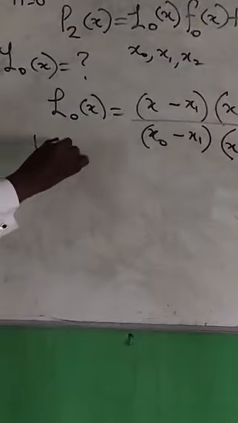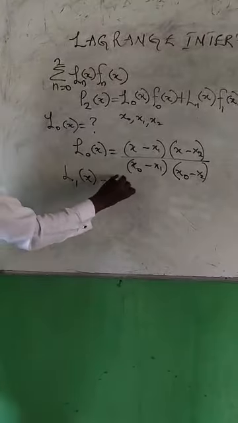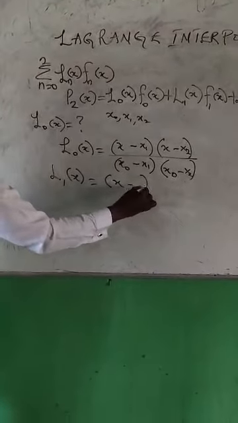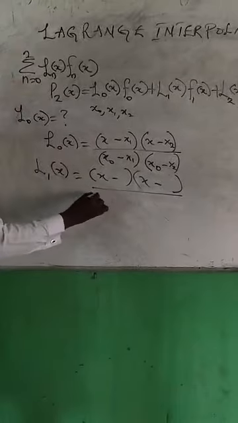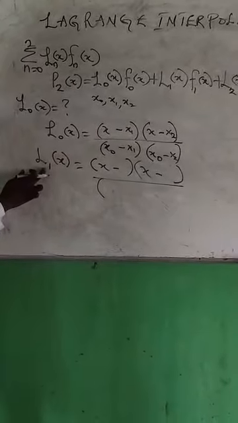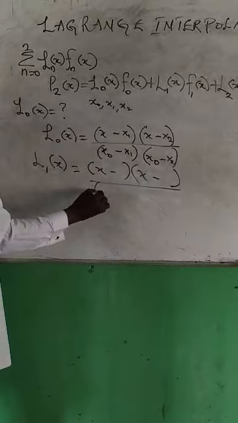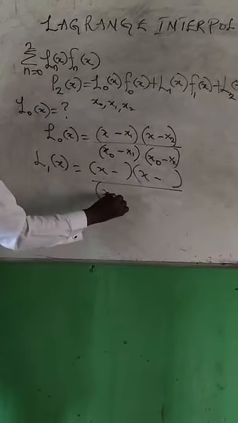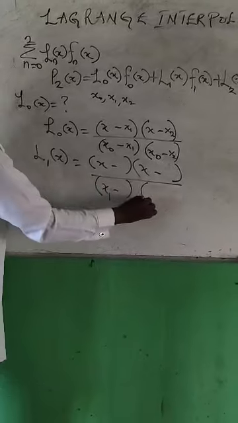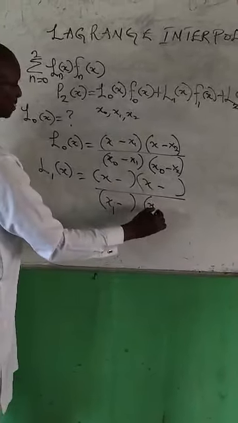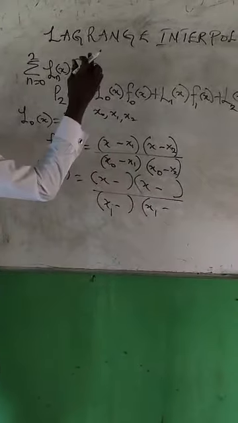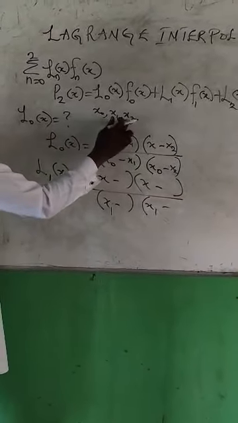L subscript 1, function of x, is equal to, you have your x minus, close, x minus, close. You now also have, because of the L1, the generation starts from here, x1 minus the first consecutive ordered value in the precedence, which gives x naught, not x2.